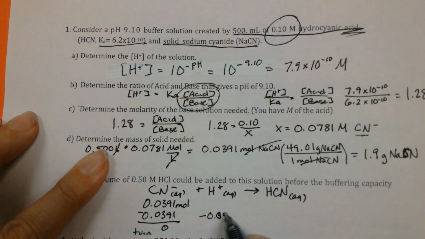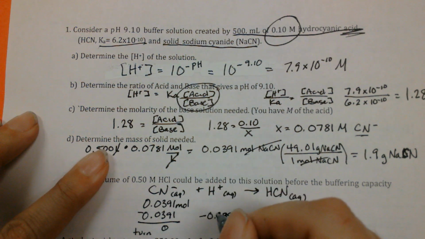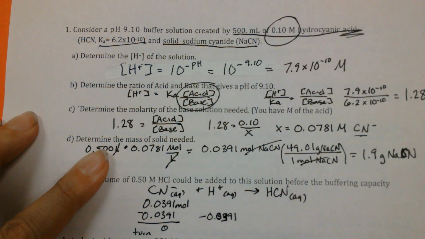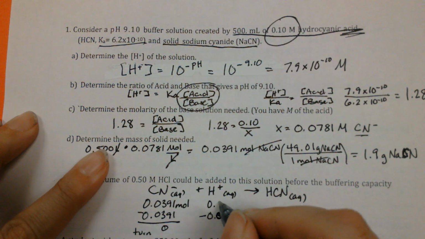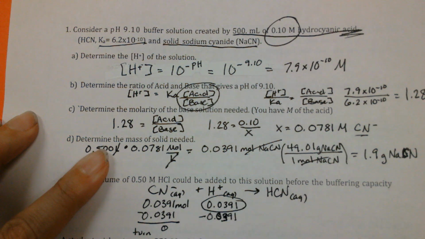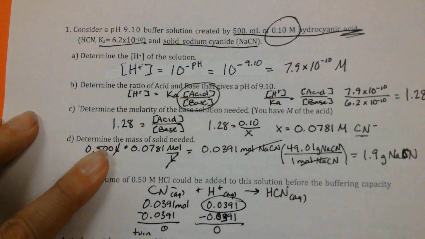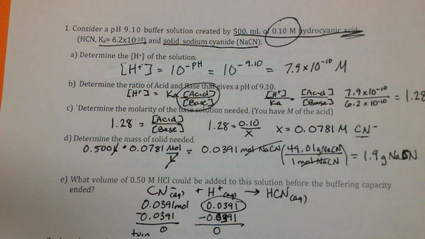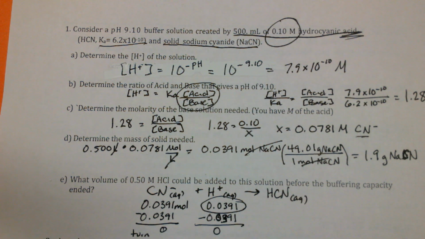So if I have 0.0391 here, I have 0.0391 here. And in order for that to actually work, I need to add at least 0.0391 moles. If I add any more than that, I have exceeded the buffer capacity.